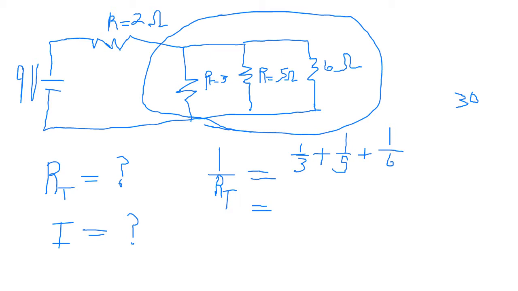We know to get 30 from 3, we multiply times 10, so we have 10 over 30, plus 6 over 30, plus 5 over 30.